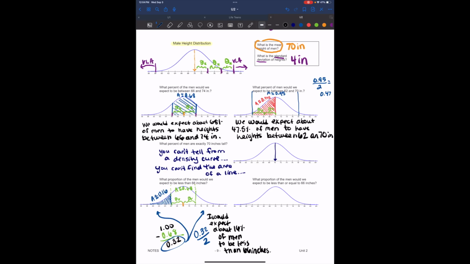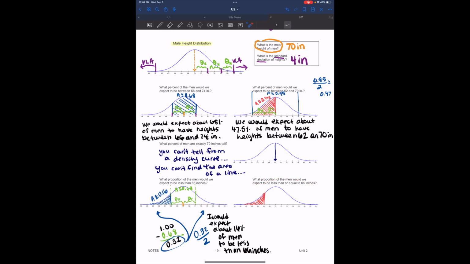This one says, what proportion of men would we expect to be less than or equal to 66 inches? So less than or equal to 66 inches. Well, if we shade it, notice that that's the same exact diagram as we just did over here.